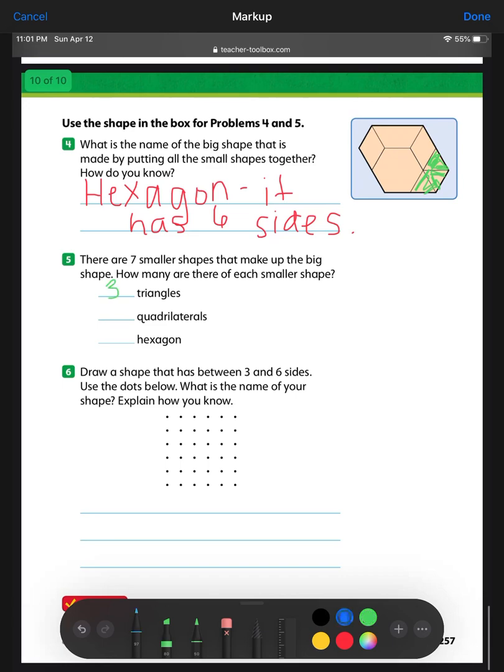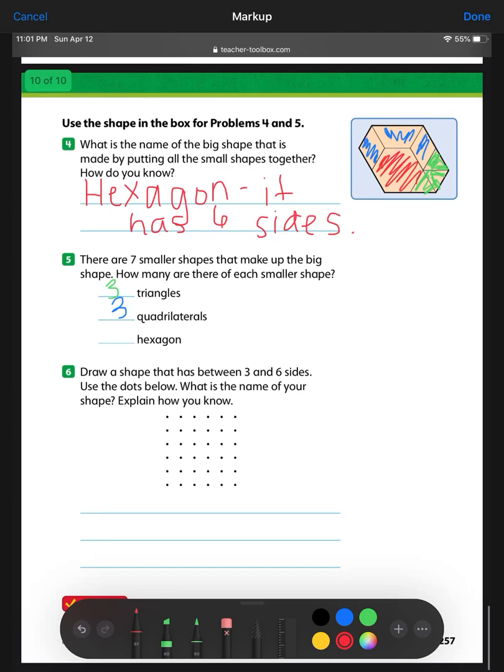Now let's count quadrilaterals. That means it has 4 sides and 4 angles. So let's see. 1, 2, 3. 3 quadrilaterals. And how many hexagons? We know that a hexagon has 6 sides.